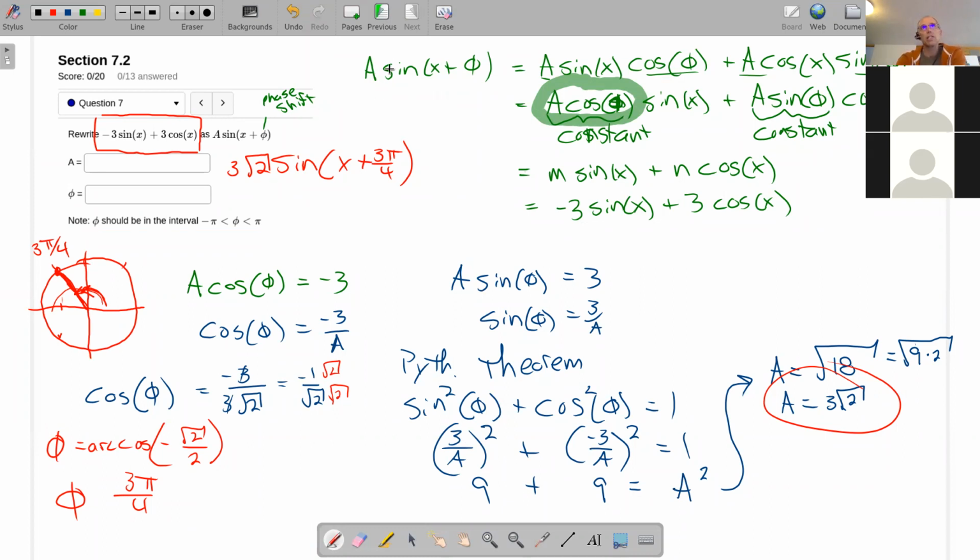So we change this a sine of x plus phi into the angle sum formula, and then we compare the constant parts of that to the constant parts of the given equation. So again, first step was the angle sum formula. Second step was to compare the constant part here to the constant part here.